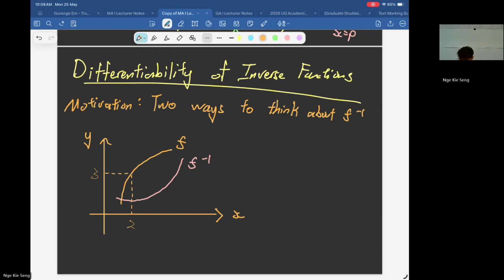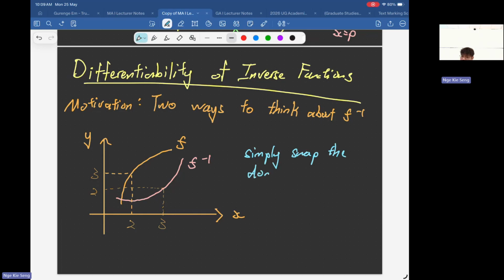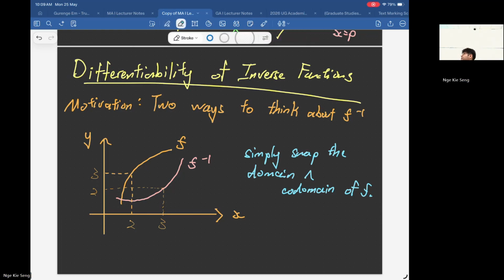So this point here becomes 2, and this point here becomes 3, like that. So you simply swap the domain and codomain of f. Or another way is you can flip it. Can you imagine flipping it?